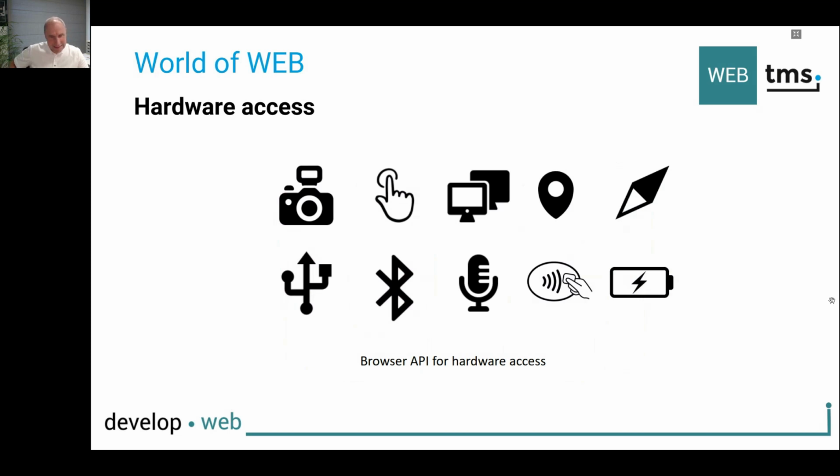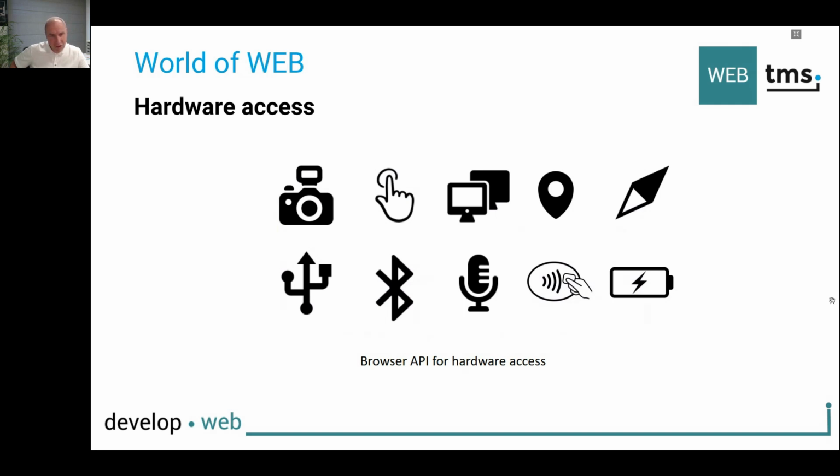What has significantly evolved in the past couple of years is hardware access for our web applications running in the browser. When you run an application natively on a device, there is no doubt you can access all the hardware on your device. And that was not, at least like 10 years ago, the case when you were running a web application in the browser.